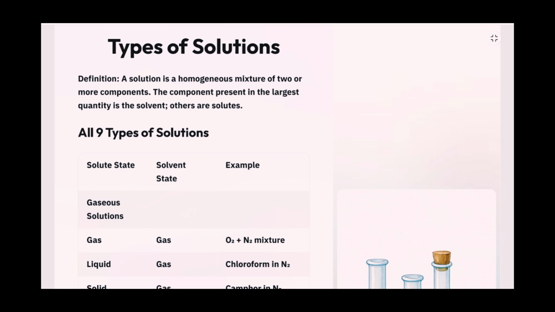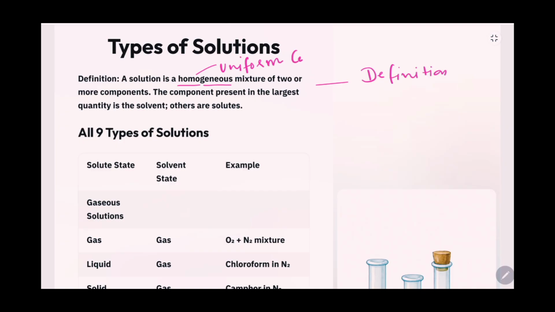We already discussed the definition of a solution. A solution is a homogeneous mixture, which means of uniform composition. What is the meaning of homogeneous? The composition is uniform throughout.